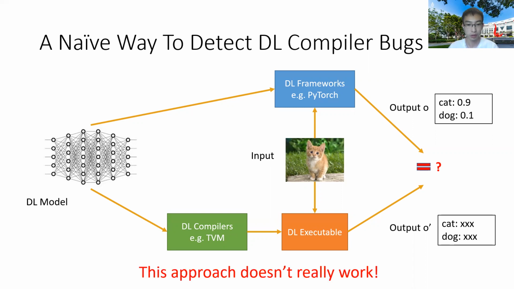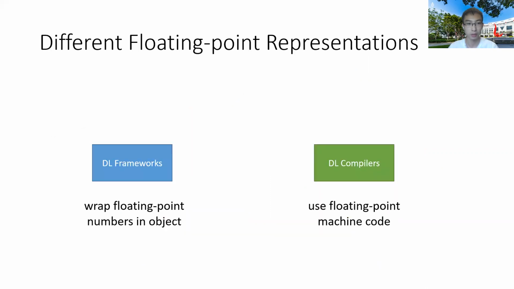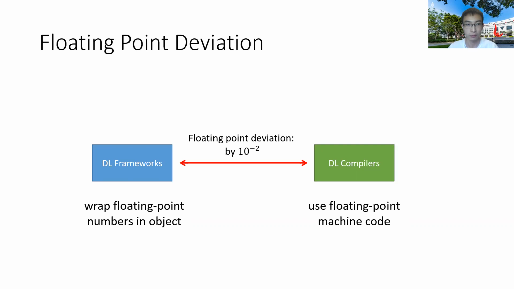However, this approach doesn't really work. Why? Well, it is due to the different floating point representations of deep learning frameworks and compilers. Deep learning frameworks wrap floating point numbers in objects, whereas deep learning compilers use floating point machine code to represent floating point numbers. The two different floating point representations introduce floating point deviation across the output.